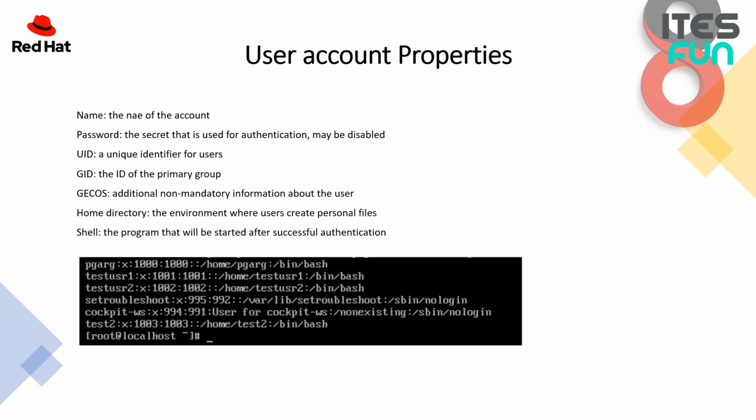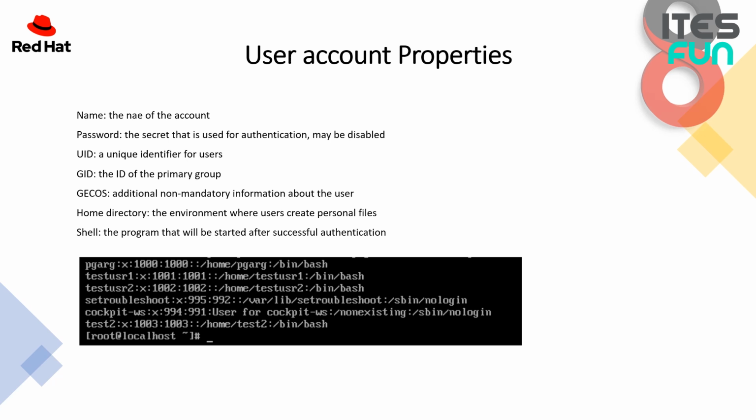The other users don't have the environment where users create personal files. This is also one of the two locations where users on Linux do have permissions to create files. Users can create files in their home directory and in the temp directory. And that's all.